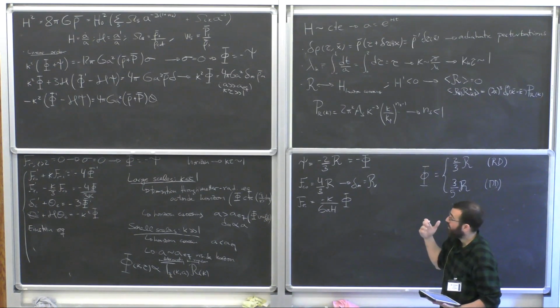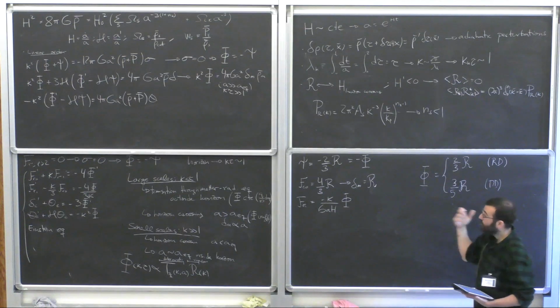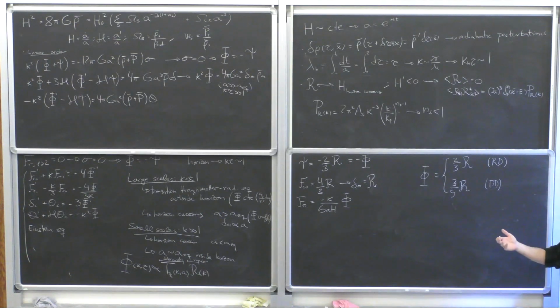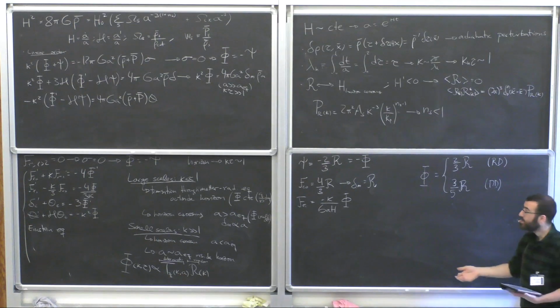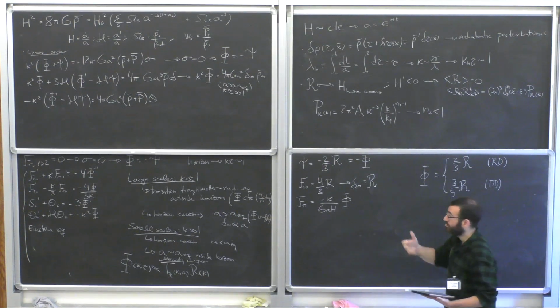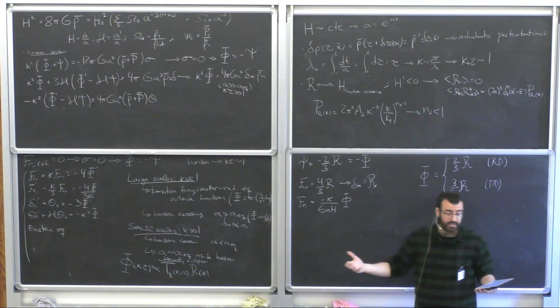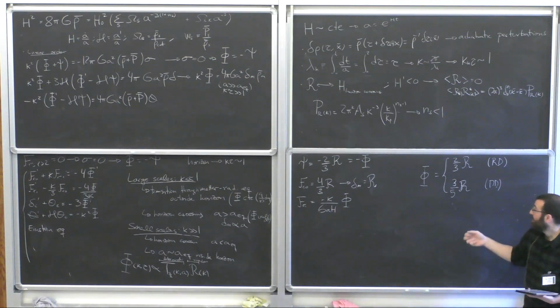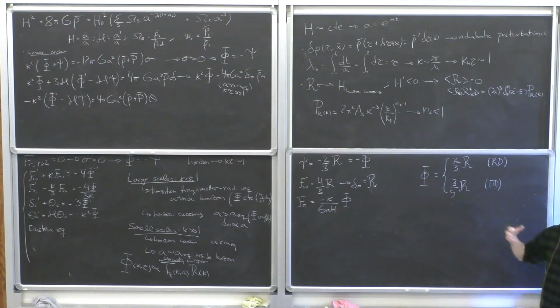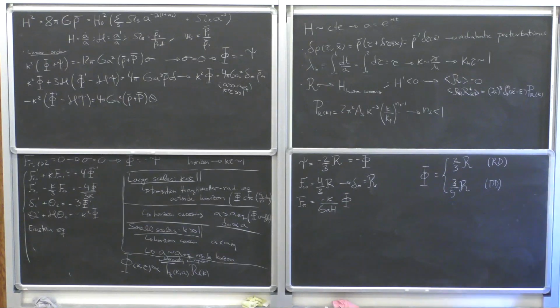Now, once dark energy starts to contribute to the expansion of the universe, this is not the case because the expansion of the universe gets accelerated, and therefore the gravitational potential is going to start to dilute after.